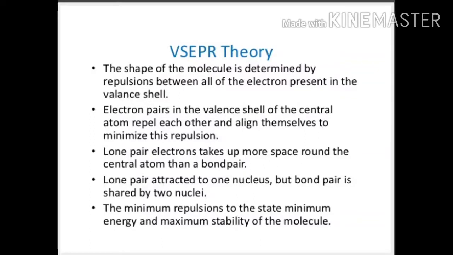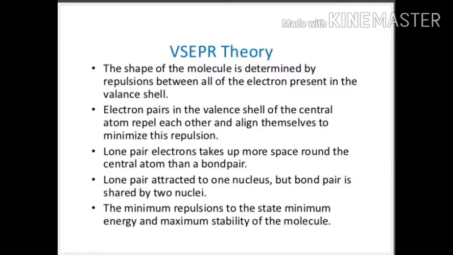Next, the lone pair of electrons takes up more space around the central atom than a bonded pair. The lone pair is attracted to only one nucleus, but a bonded pair is shared by two nuclei.